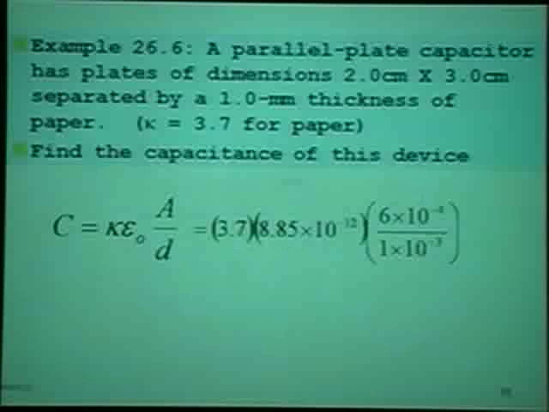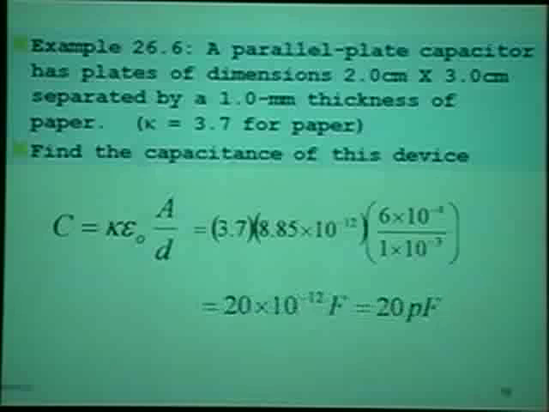Permittivity of free space, epsilon naught, is 8.85 times 10 to the minus 12. The area of this plate is 2 centimeters by 3 centimeters, or 6 times 10 to the minus 4 square meters, over 1 millimeter gives us 20 times 10 to the minus 12 farads, or 20 picofarads.